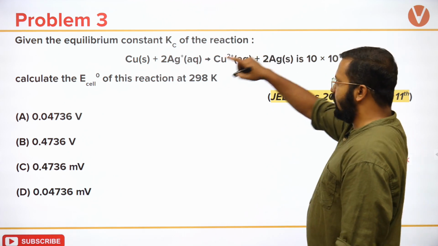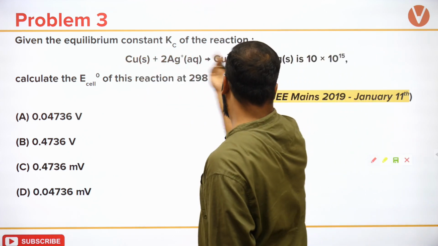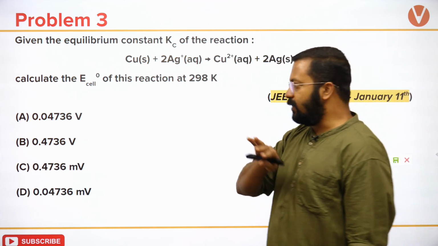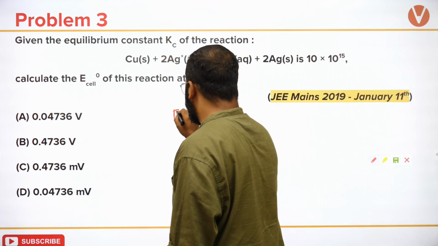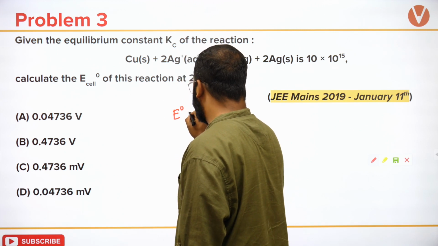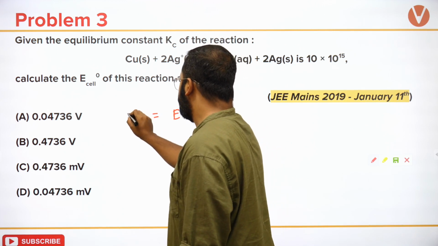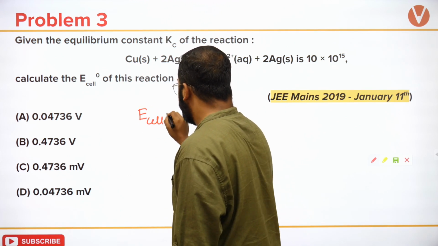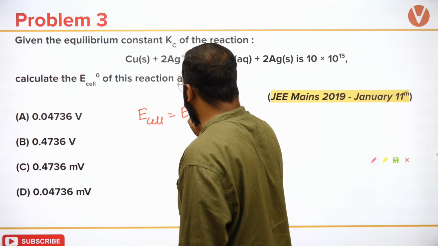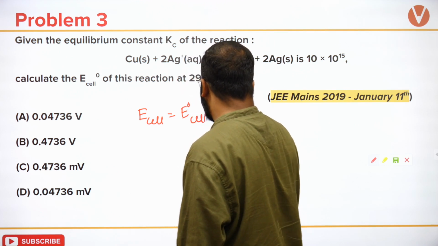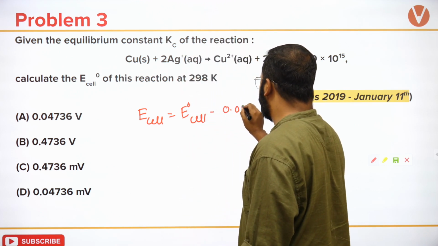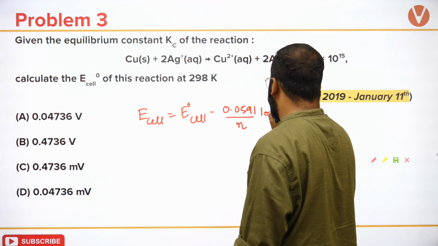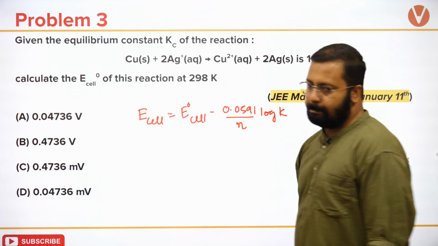First and foremost, I need to know if it's given as equilibrium constant. So the reaction is taking place at equilibrium. So if I use the Nernst equation, I will write E cell is equal to E naught of cell minus 0.0591 by n log k.